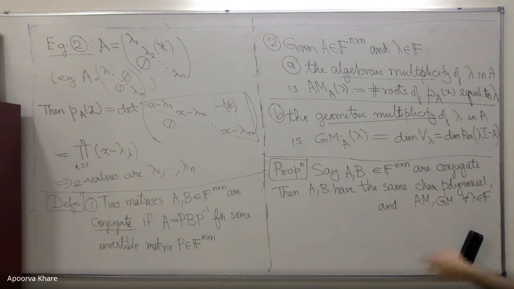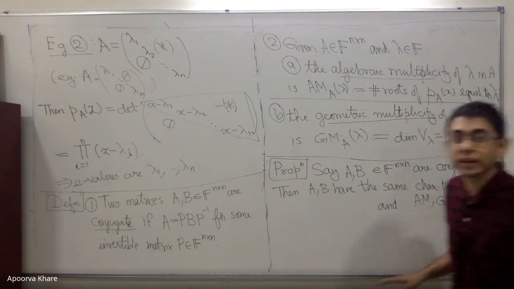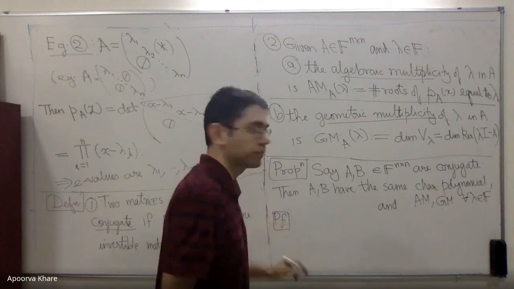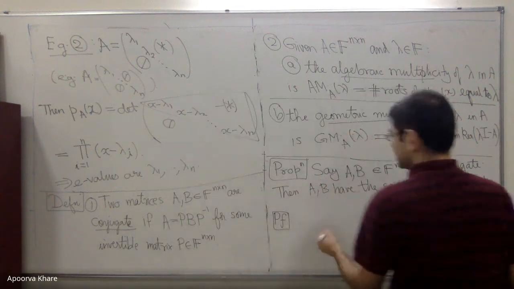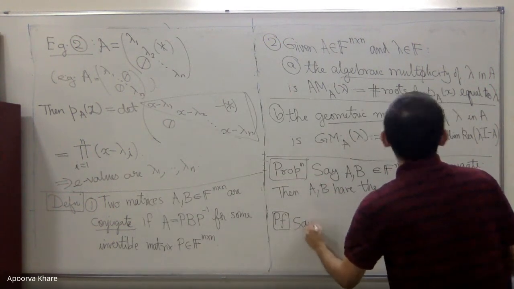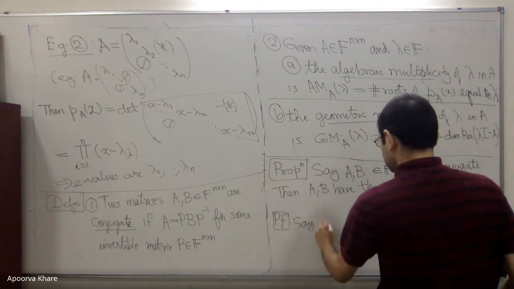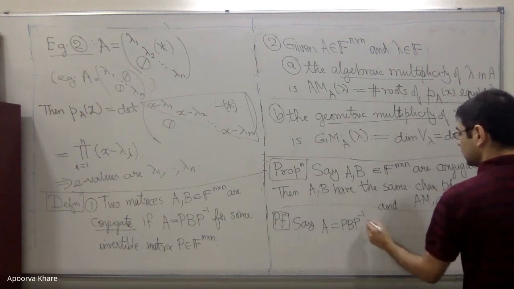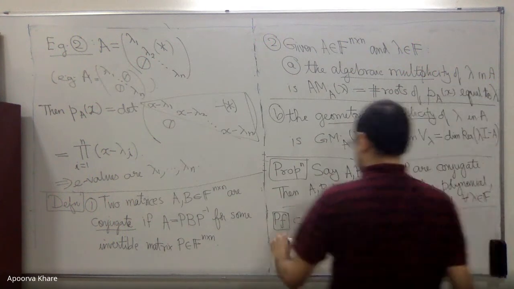Okay. So proof. The proof is not hard. At least the proof for the characteristic polynomial and AM is just straightforward, trivial, right? So maybe we even saw the proof for the characteristic polynomial earlier. So say A equals PBP inverse. Then you can just write this down.